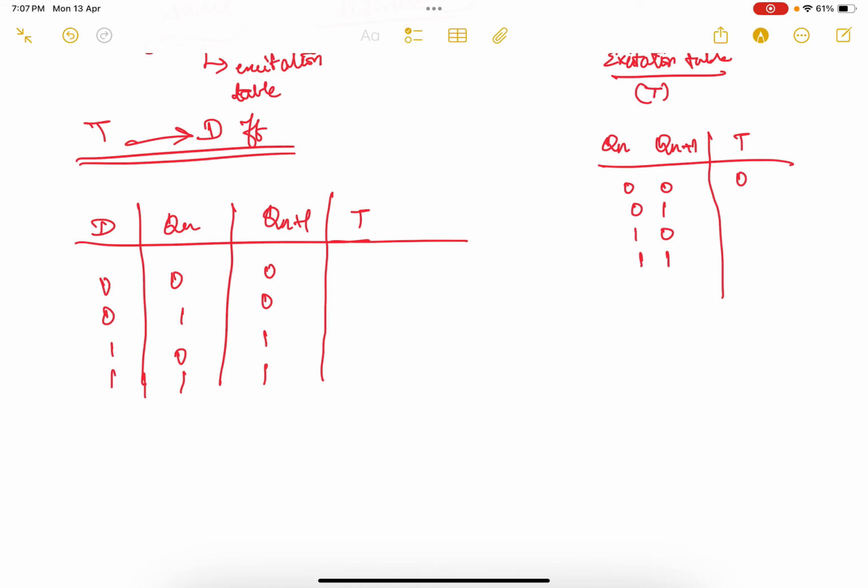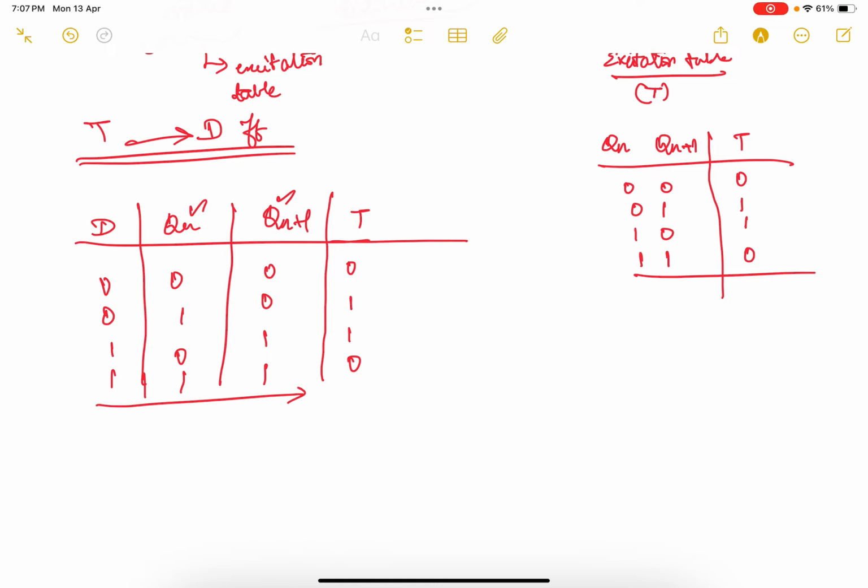We have already seen it is the 0 1 1 0 concept. If the present state and next state are 0 and 0, my mandatory input T is 0. For 1 0 it is 1, for 0 1 also 1, and for 1 1 it is 0.